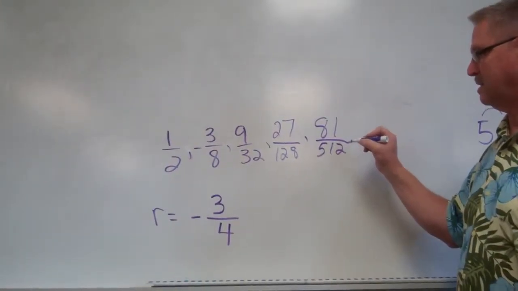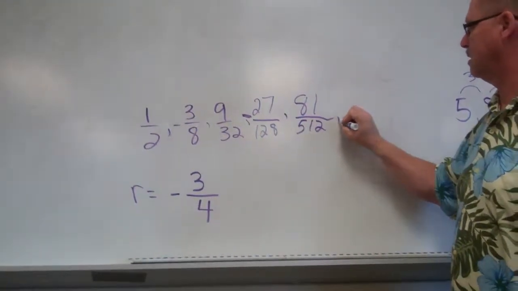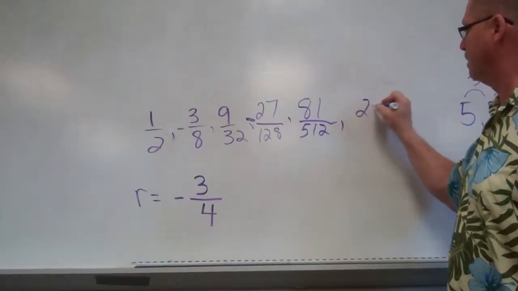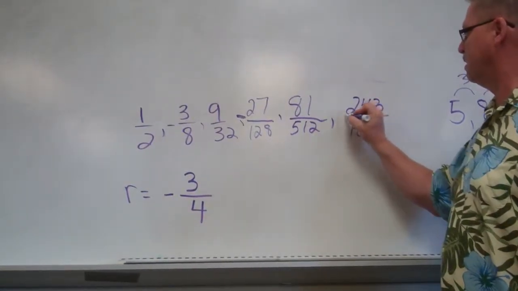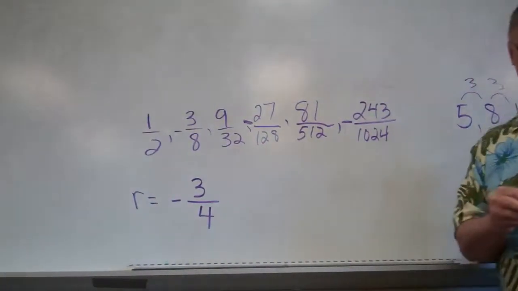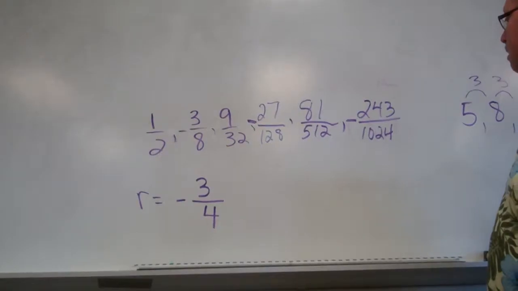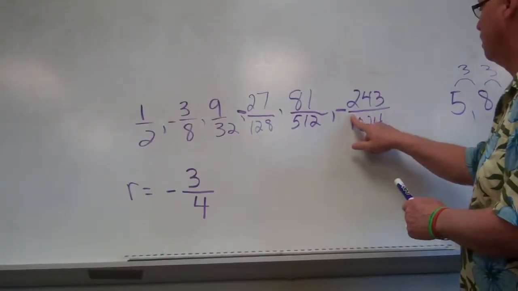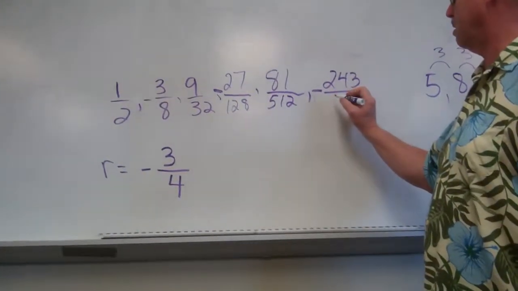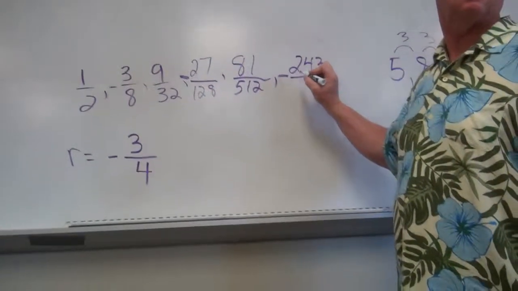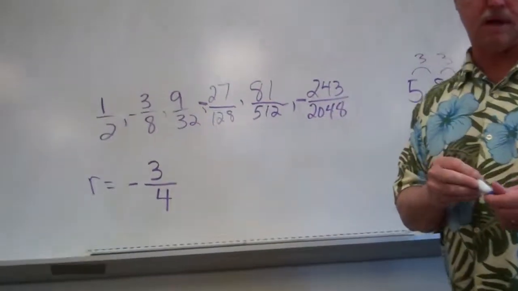Which ones? This one has to be negative. Then 243 over 1,536. That's negative also, right? That's how those work. The bottom has to be 1536. Let's just take it. The bottom is 2048. All right. We're making it harder than it is.